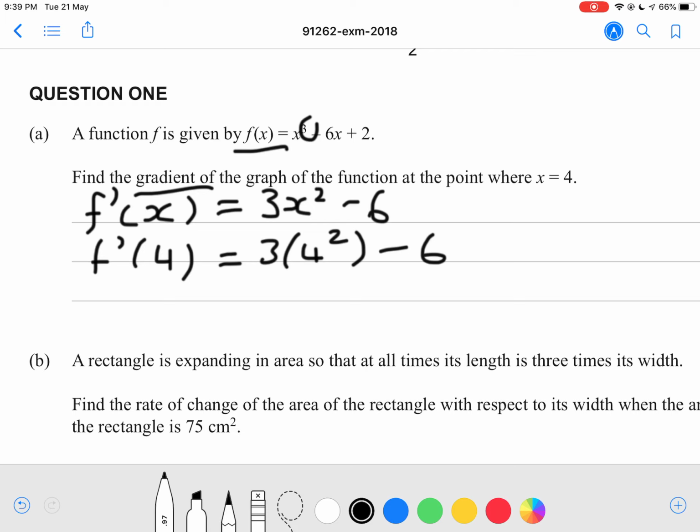If you plug that into your calculator, that should give you f dash of 4 equals 42. So 42 is your gradient, and this is an achieved question. You differentiate the equation and find 42 as your gradient, so you're getting achieved. Not too much drama.